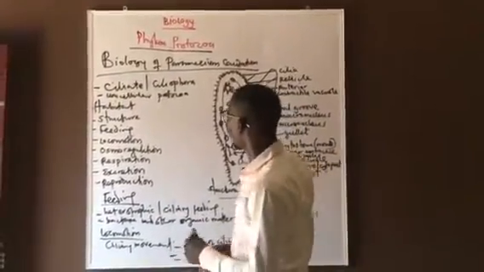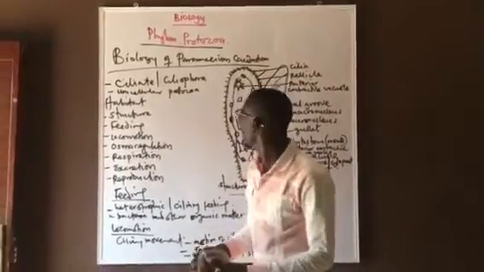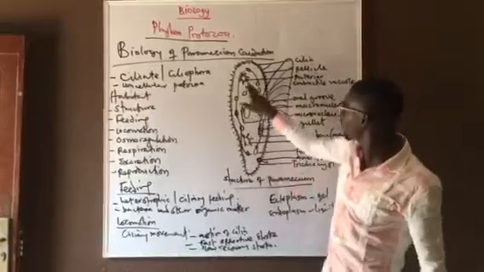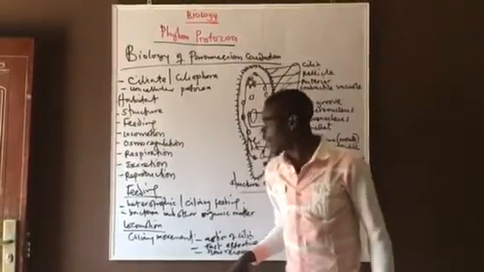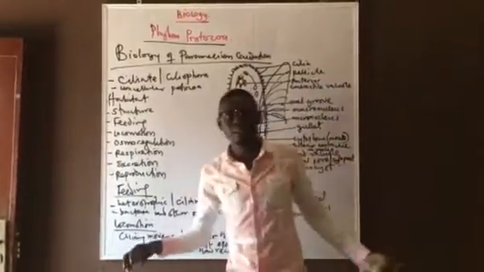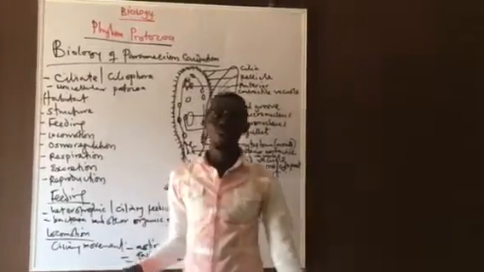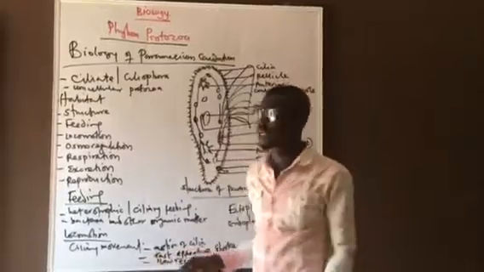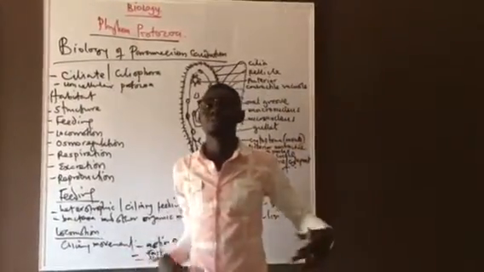Then we also talk about osmoregulation. Osmoregulation is carried out by the contractile vacuole. There are two contractile vacuoles, the anterior and the posterior contractile vacuole. And what osmoregulation means is the maintenance of constant water potential. As we all know, this organism is found in an aquatic environment. So a lot of water enters into the body through osmosis.